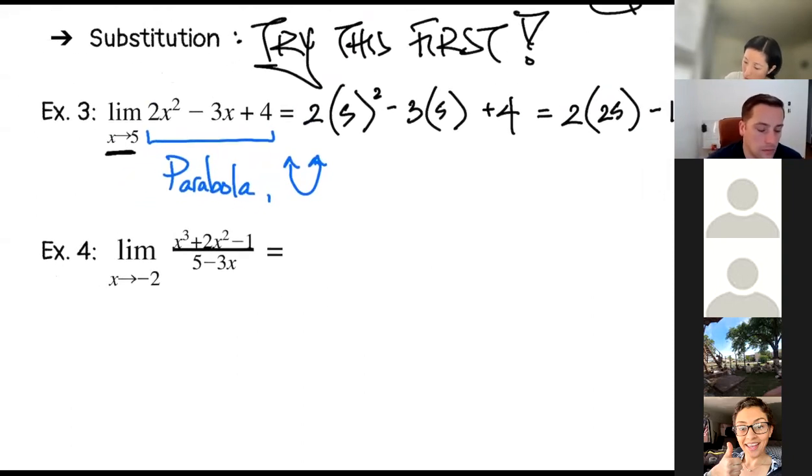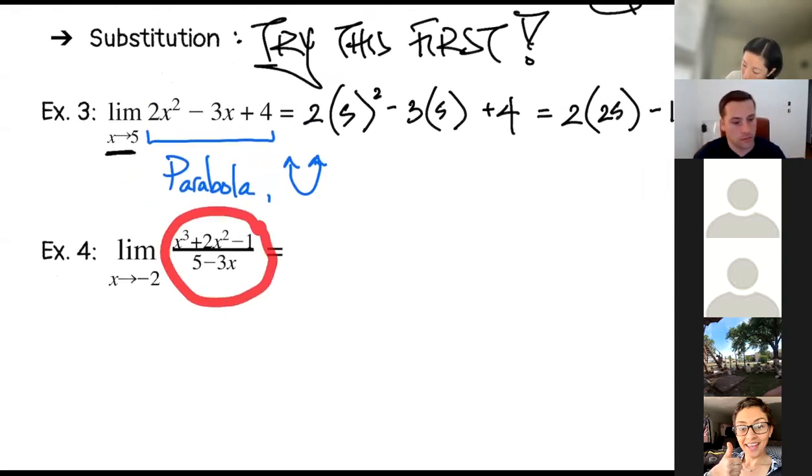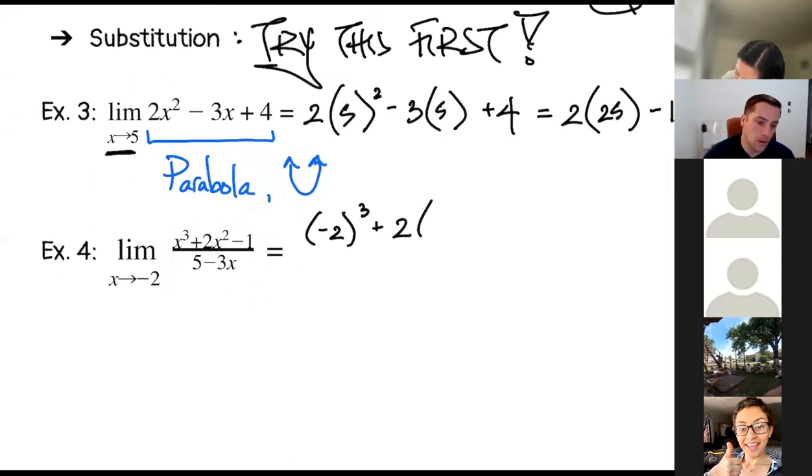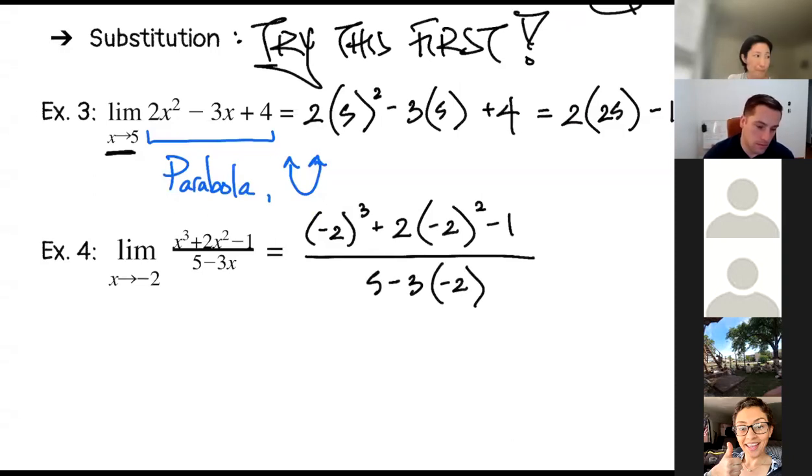Example 4. We're going to take this gross looking function and the number we're plugging in is -2. -2, perfect. Negatives, you always have to be really careful, right? So -2 cubed plus 2 times -2 squared minus 1 over 5 minus 3 times -2.